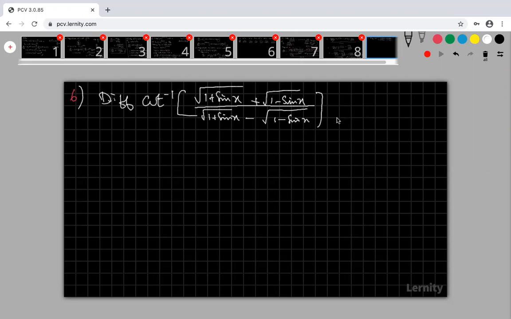Here my x is given in the range of 5 by 2. With respect to x, differentiate this function.